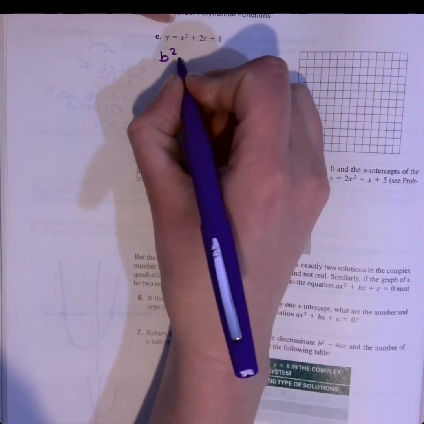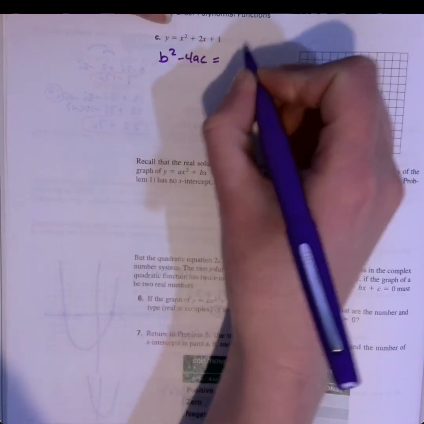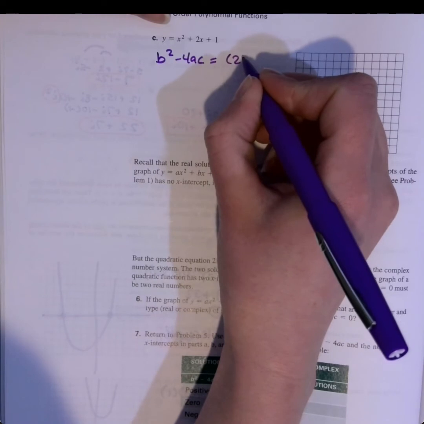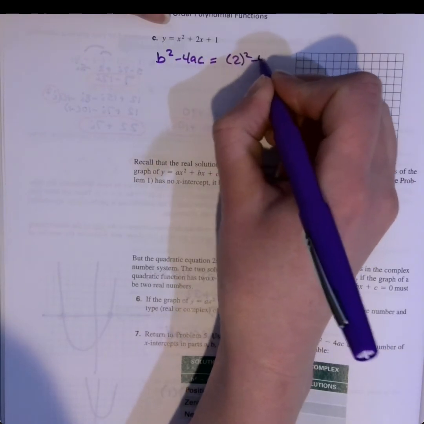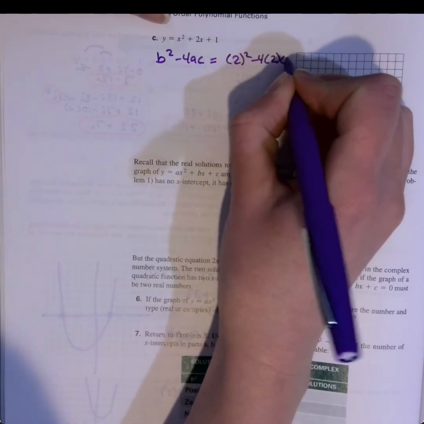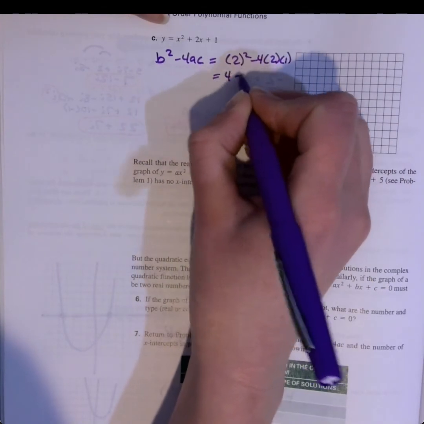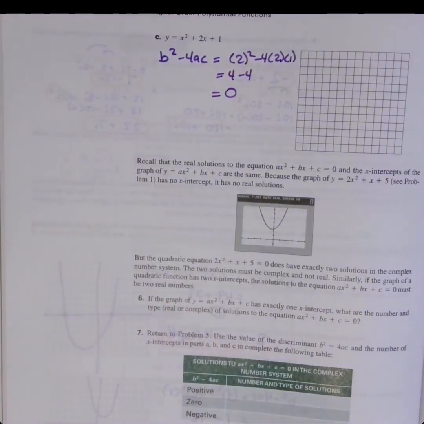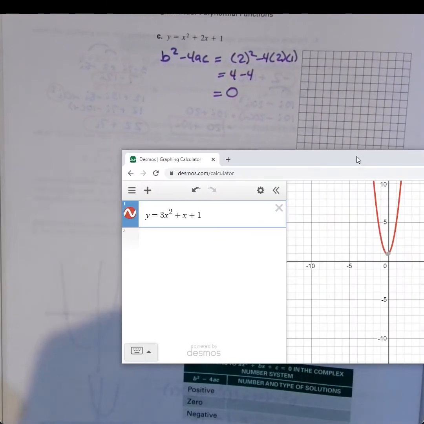So b squared minus 4ac is, okay, 2 squared minus 4 times 2 times 1. That's 4 minus 4, that's 0. 0 is neither positive nor negative.